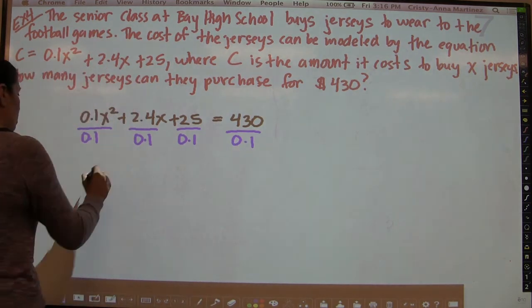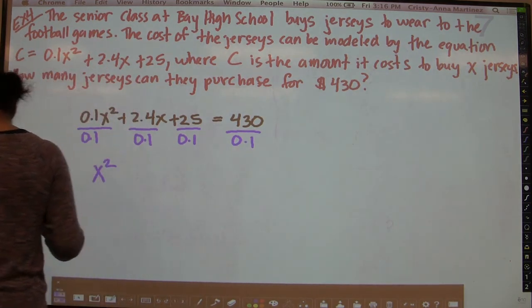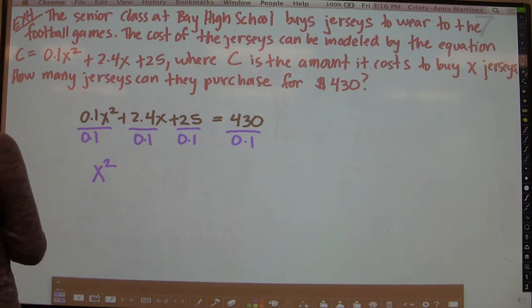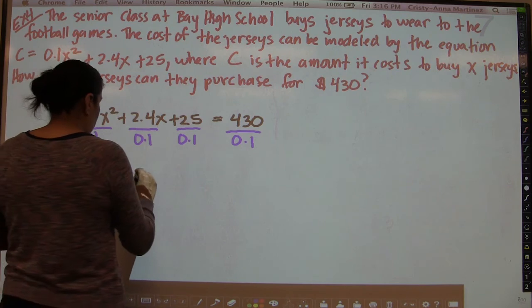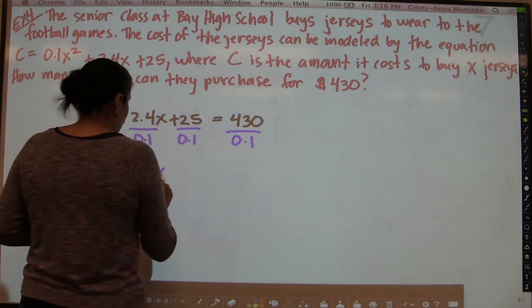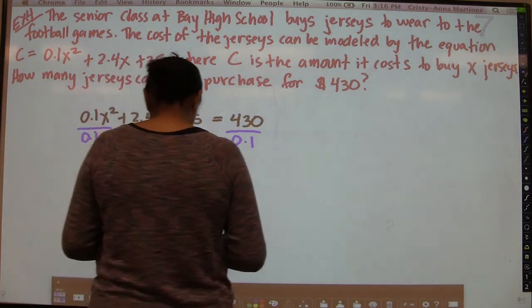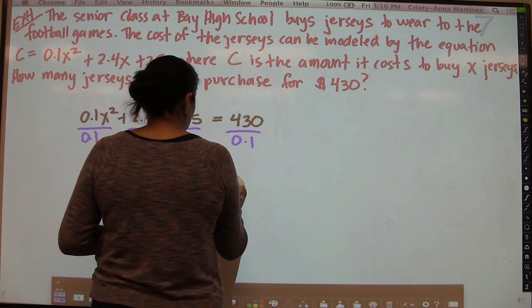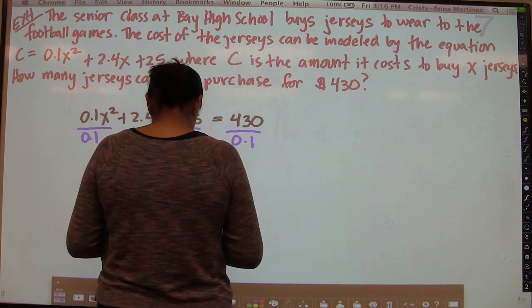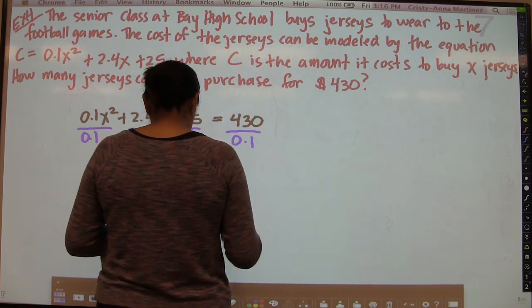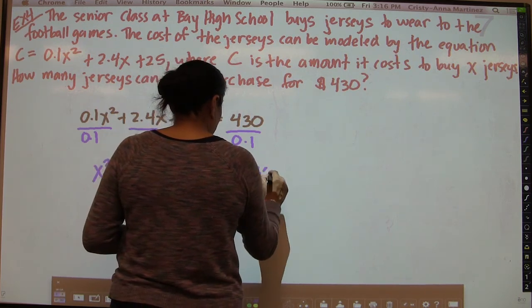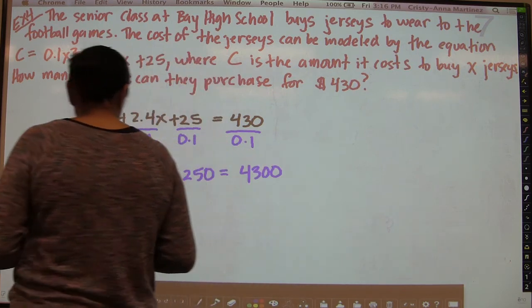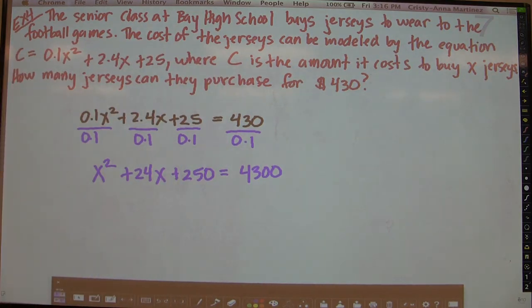All right, so we get x squared. 2.4 divided by 0.1 is 24. And then 25 divided by 0.1 is 250. And then 430 divided by 0.1 is 4,300. Basically, dividing by 0.1 is the same thing as multiplying everything by 10.